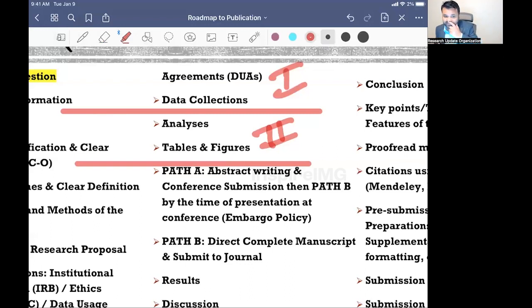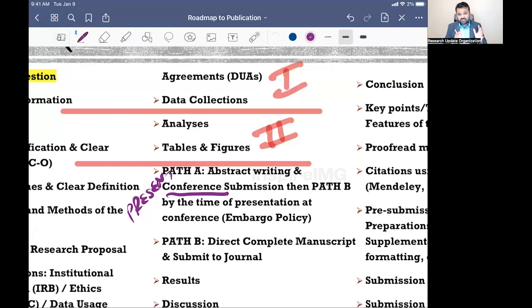Path A means you are going to present your work in a conference, whether it's a national, local, or international conference. You present your work in terms of an abstract, which is a 300-word document.